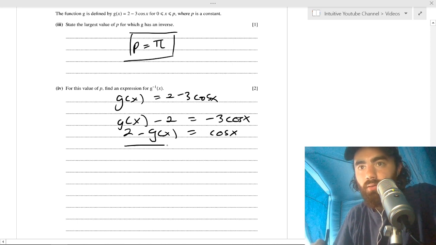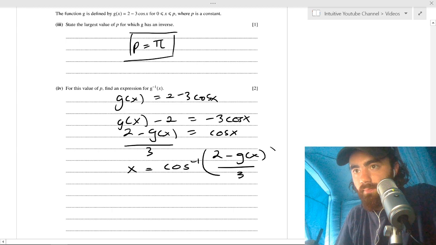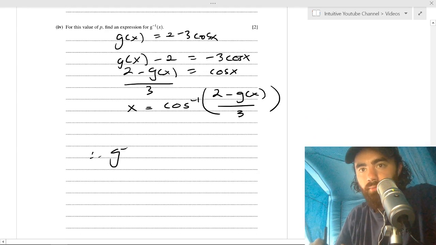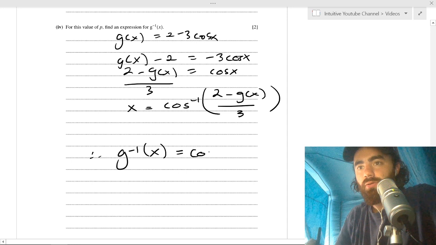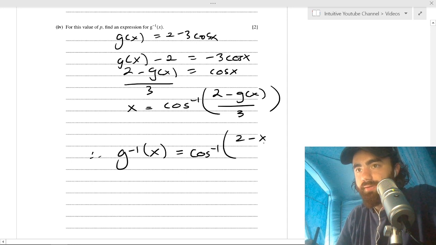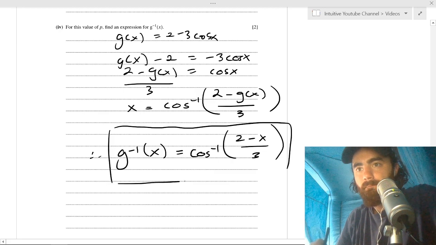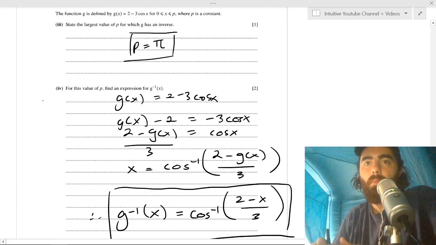Divide by 3. So therefore we get x equals cos of 2 minus g of x over 3. So therefore our inverse of g of x is equal to this. Boom.